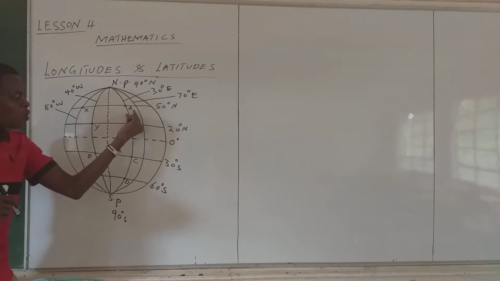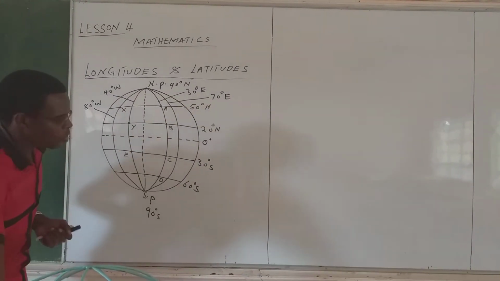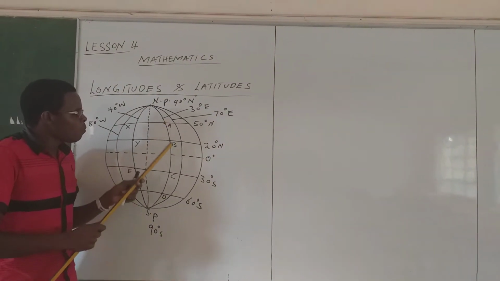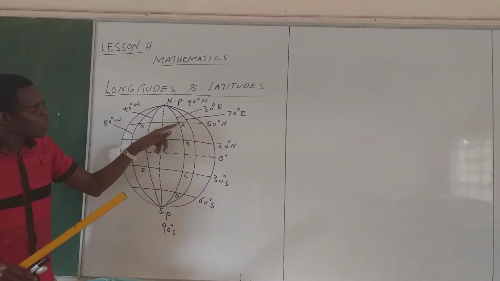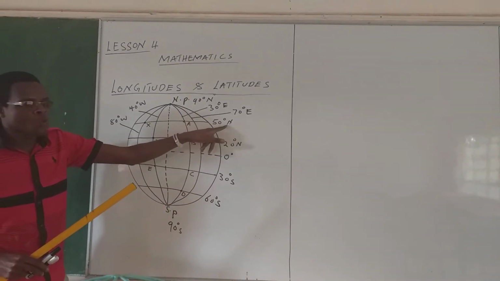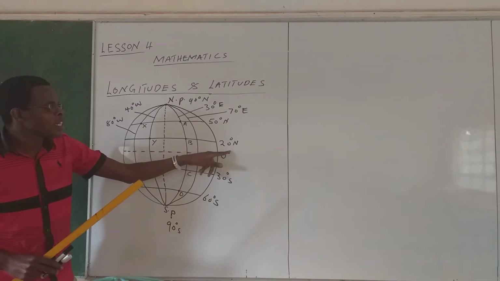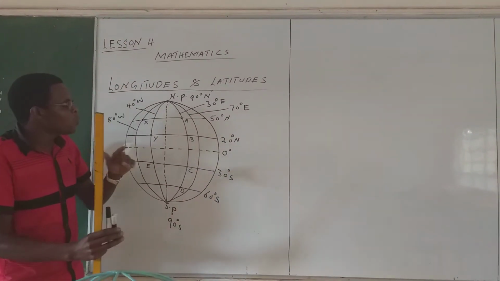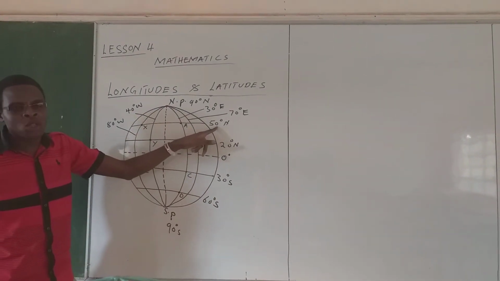Now, if you have to consider point A and point B, this point A is on 50 degrees north. This point B is on 20 degrees north. So the degree difference between A and B, you do what? You minus the latitude.